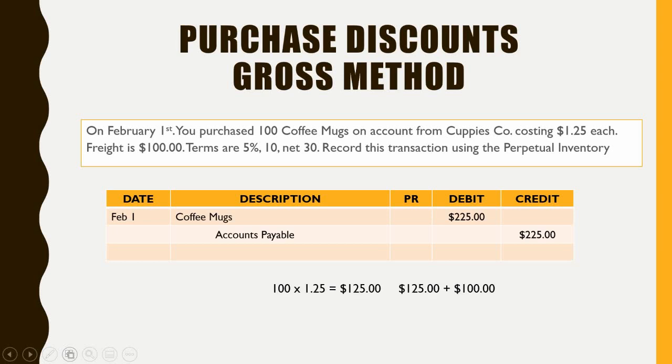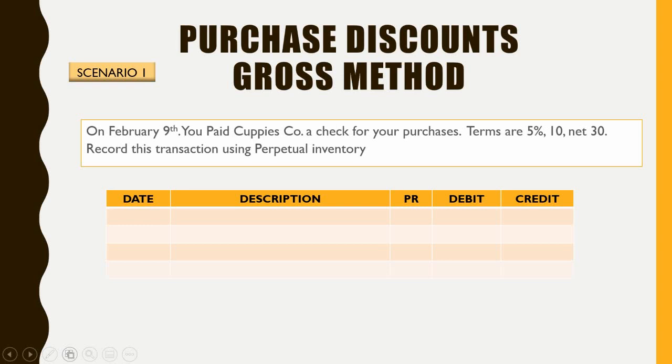Perfect. Good. Now, what happens if scenario 1 says that I paid on February 9? I made my discount window, which means I get 5% off of my original price. How am I going to journalize this time? How am I going to record this discount?